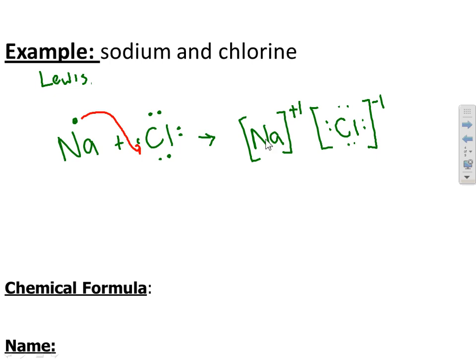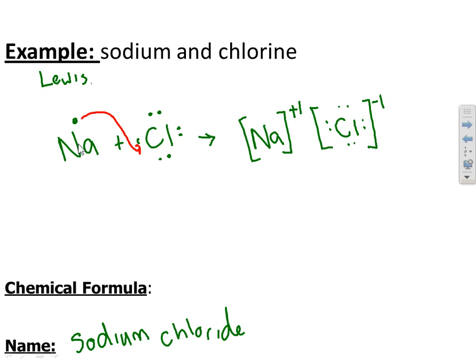And this then is the Lewis diagram for the ionic compound, which has the name sodium, because it is a sodium ion, chloride, because this is now a negative chloride ion. So it is sodium chloride, a sodium ion with a chloride ion.